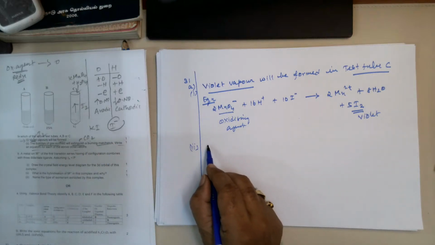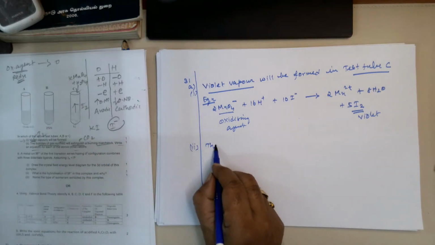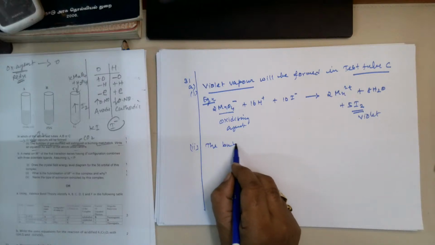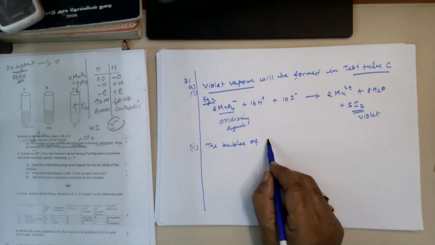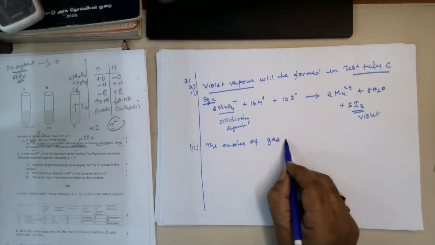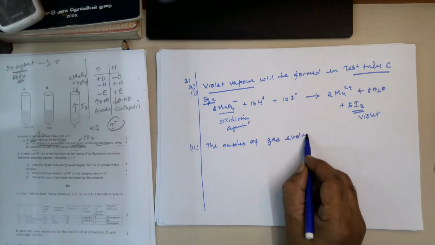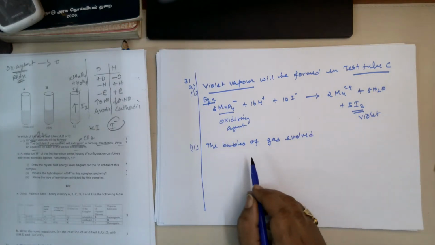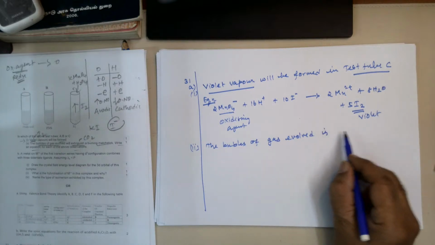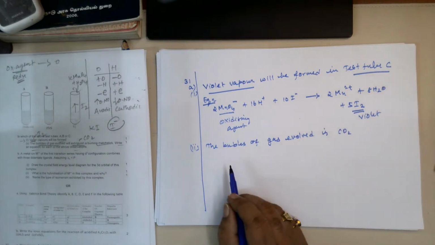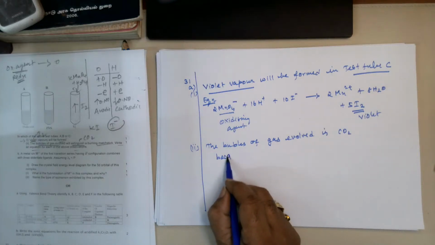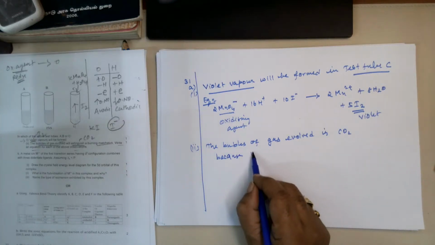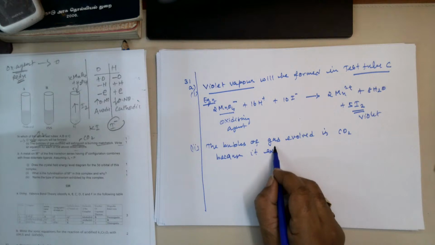So the bubbles of gas evolved, okay, is carbon dioxide, because it extinguishes.